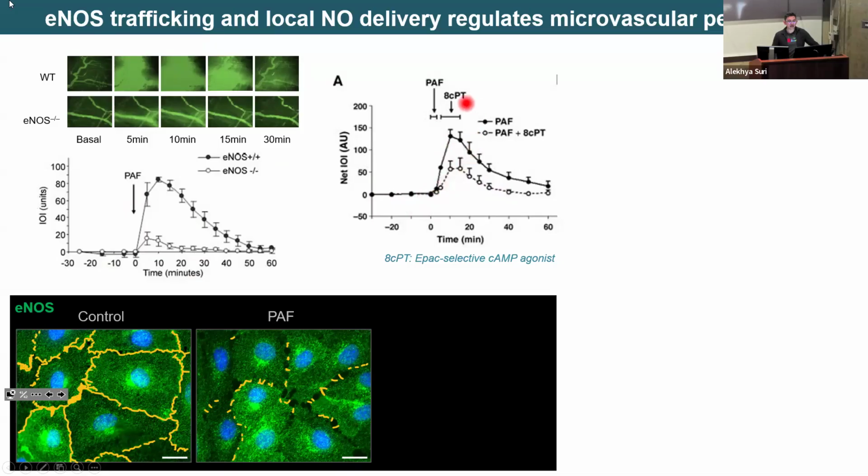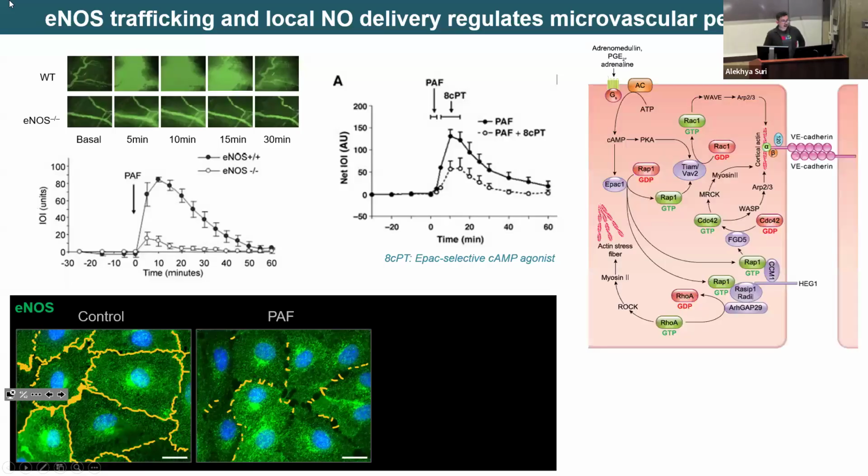In other words, this molecule is stopping or ameliorating this state of hyperpermeability. And at the cellular level, what we know is that cyclic AMP acts via EPAC1. So this molecule, ATPT, is an activator of EPAC1.